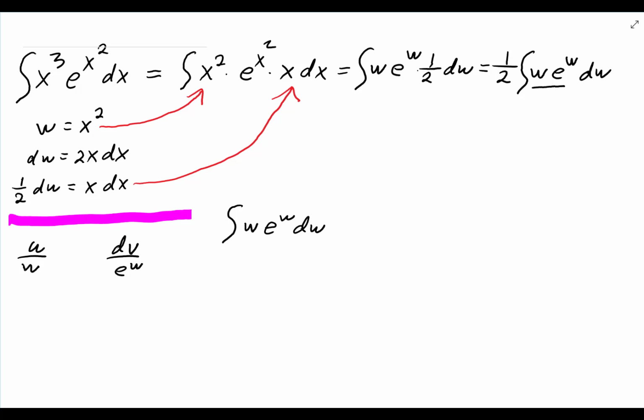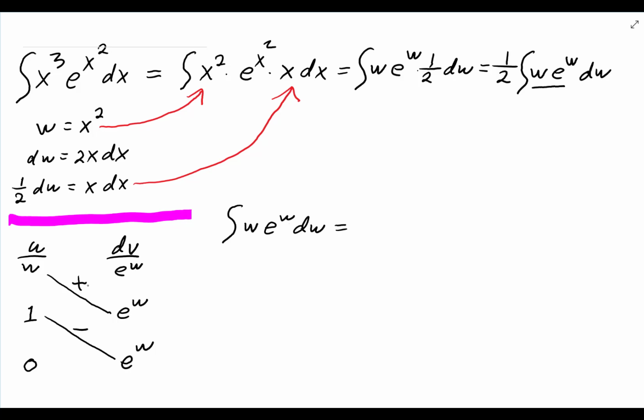And if you remember how tabular integration works, down the u column we take derivatives. So the derivative of w is 1, derivative of 1 is 0. Down the dv column we take antiderivatives, which would be e to the w, e to the w. Then we draw diagonals. And we start marking the diagonals plus, minus, plus, minus. And there's the answer.